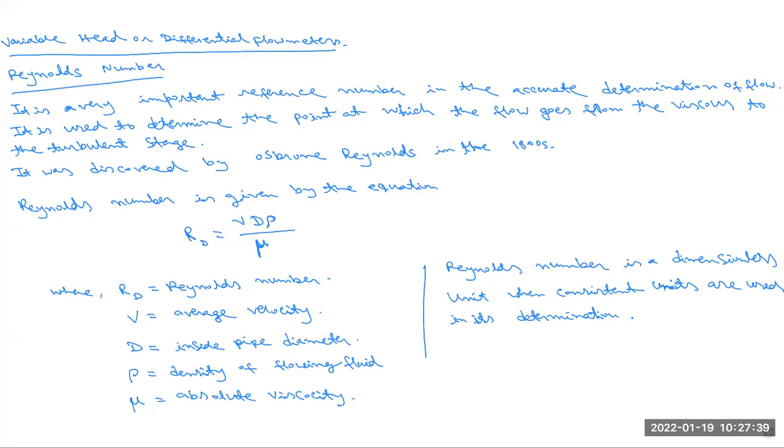Next we have to know the basic advantages and disadvantages of differential flow meters. Why do we use differential head or differential flow meters in our process control industry? First we discuss the advantages of the differential flow meter, sometimes also called the differential head type of flow meter.